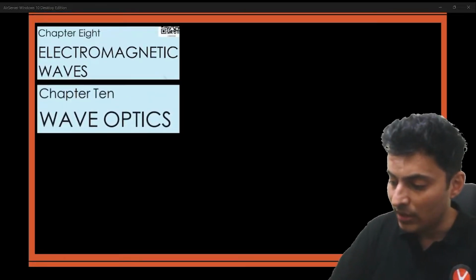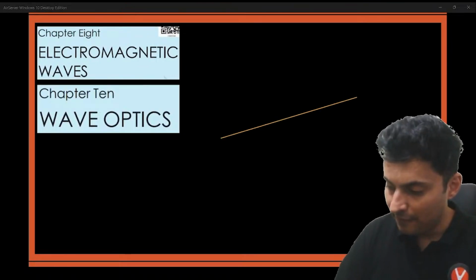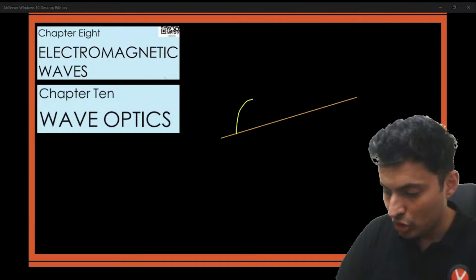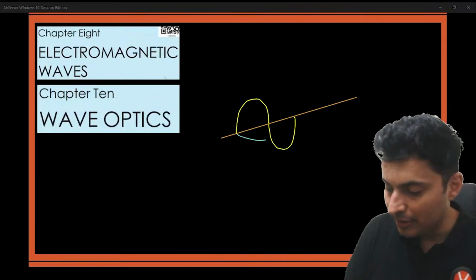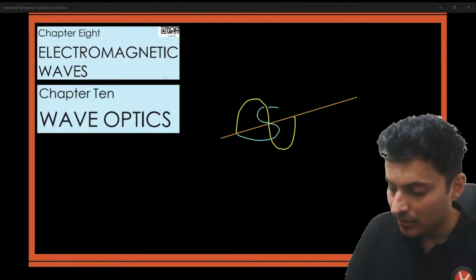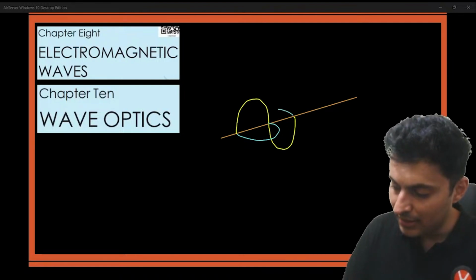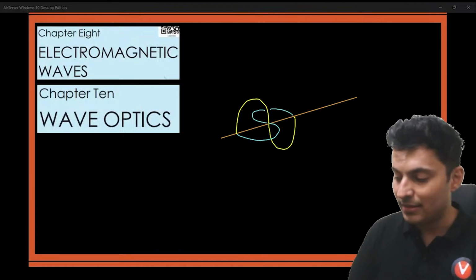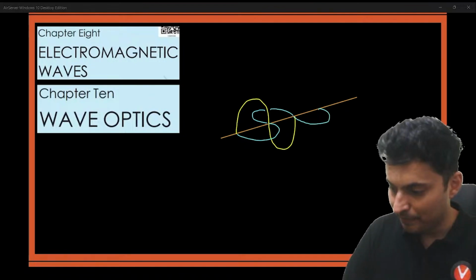Starting off with, how does the electromagnetic wave look like? Well, if you show the electric field like this, then the magnetic field will be in a perpendicular plane, something like this. Try to visualize this a little bit. These are in two perpendicular planes.